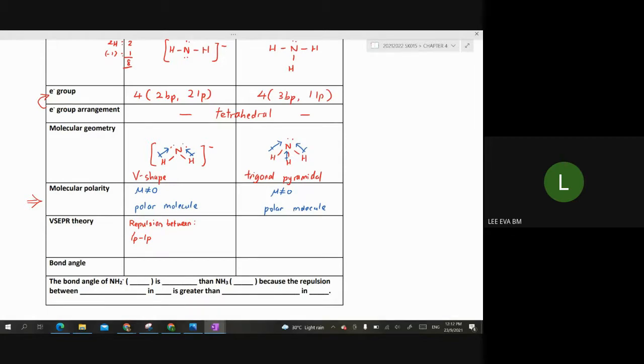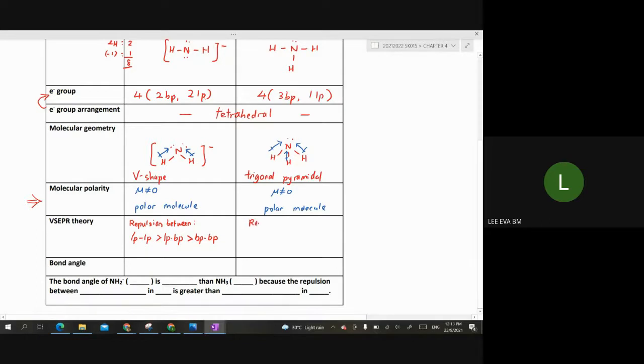Repulsion between lone pair is greater than lone pair bonding pair, which is greater than bonding pair. In NH2 negative we have all three types of repulsion.